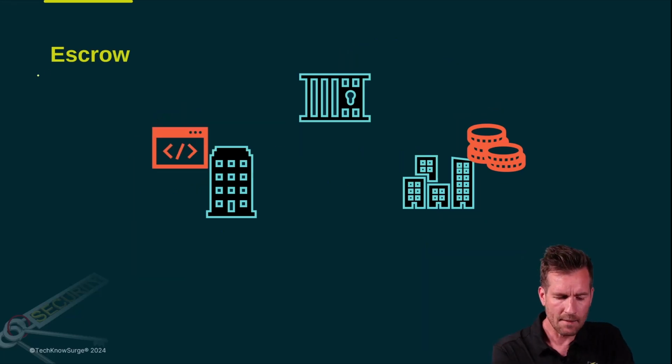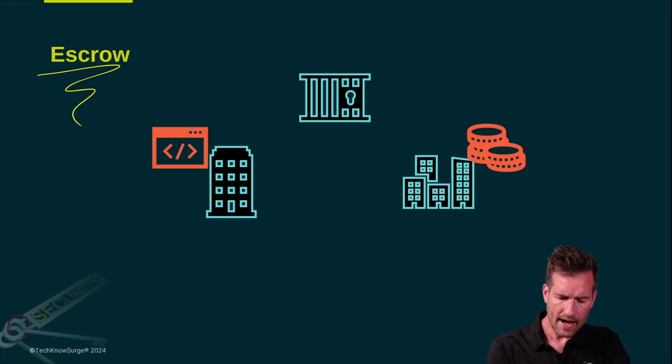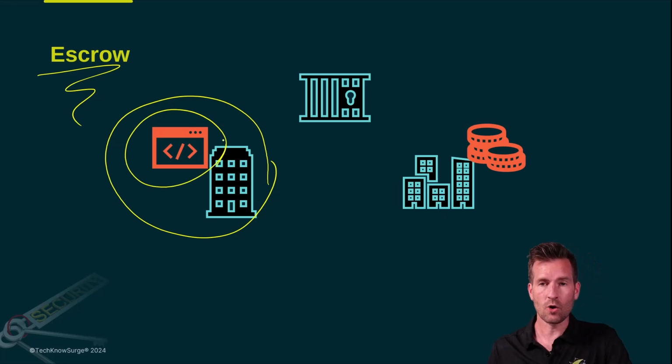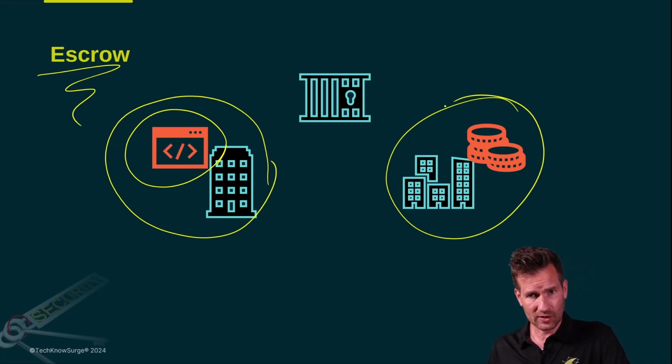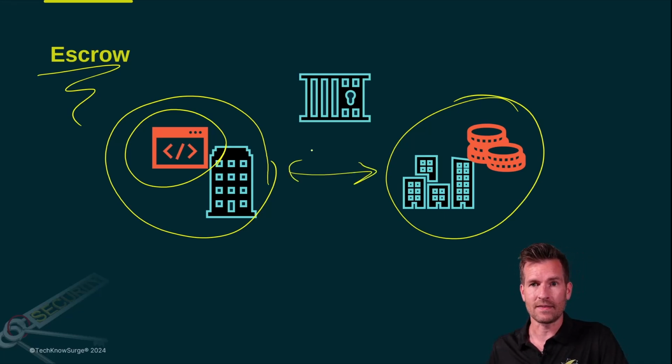Let me give you an example of an escrow account that I used to work with. I worked for a software as a service company, and we developed code. That code was the value that we delivered. We worked with another company that sold our product, so it was mutually beneficial. We both were making money off of this.